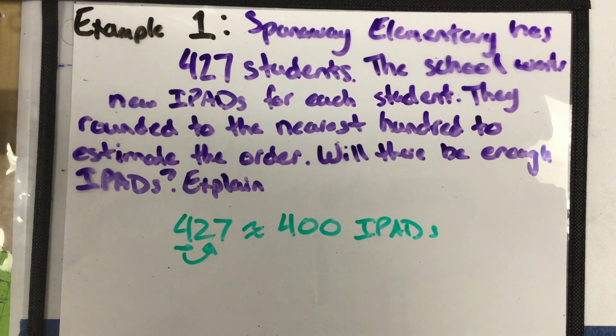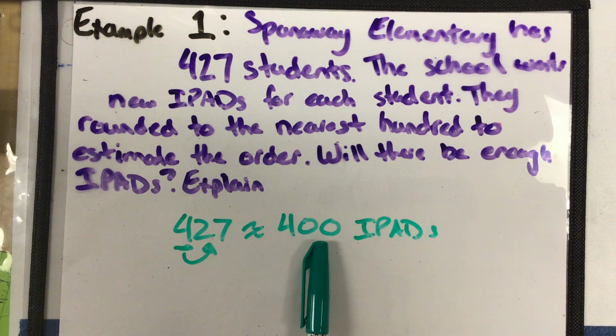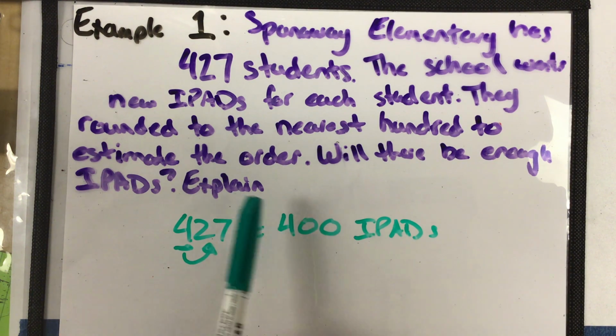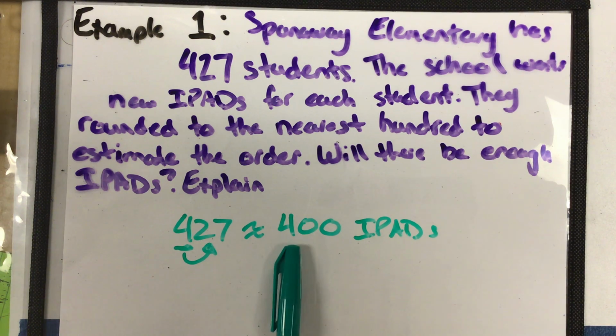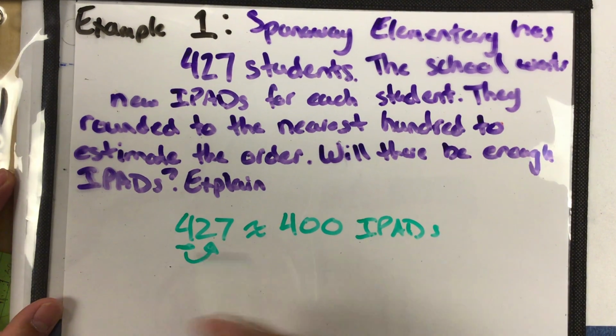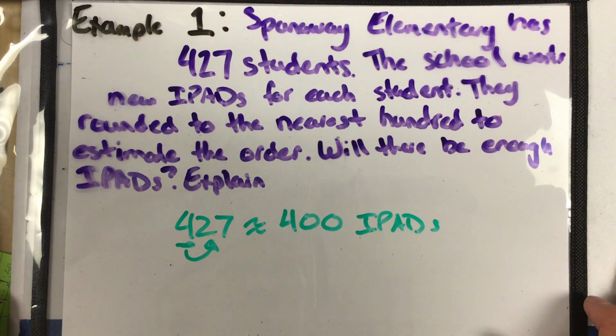Now, if the school orders 400 iPads, is that enough for the 427 students? Think about it. How many students will end up without iPads if they round it to 400? Well, now the answer, I want you to think about it, pause, and then come back when you're ready.